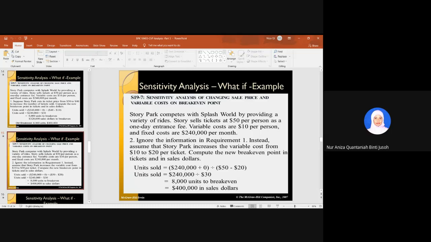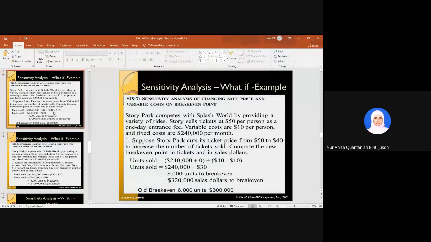So it means here you have to get, even though 8,000 units is to break even, but the sales is not good as compared to reducing the sales price.